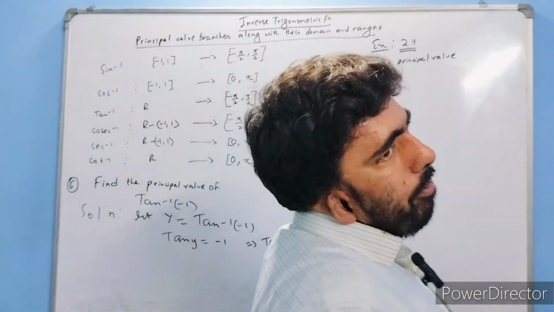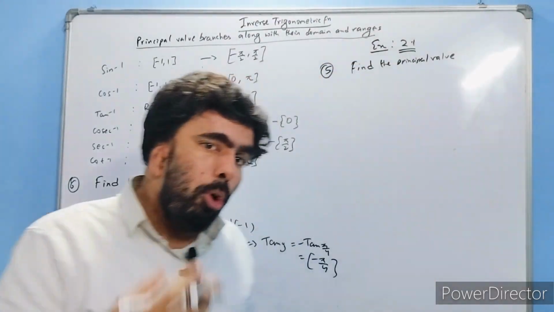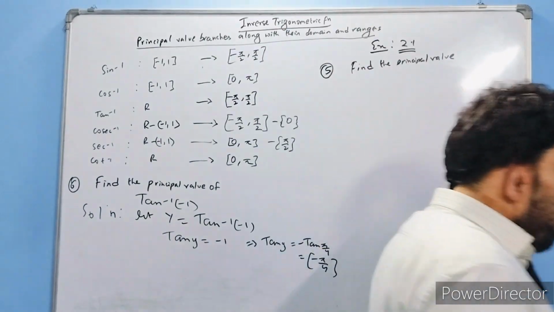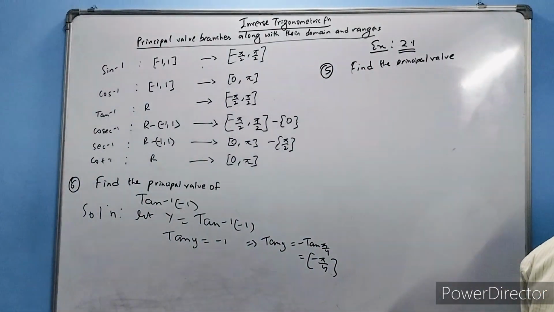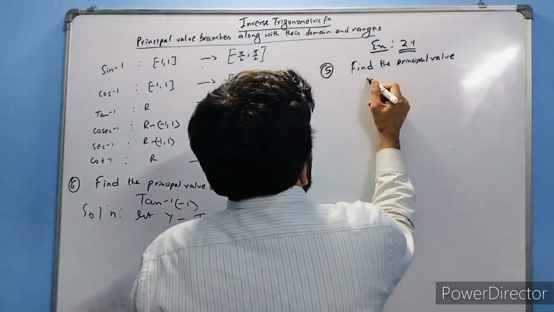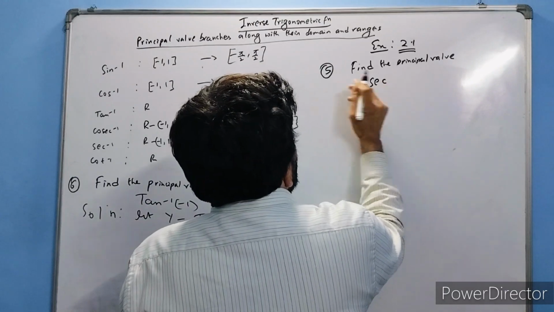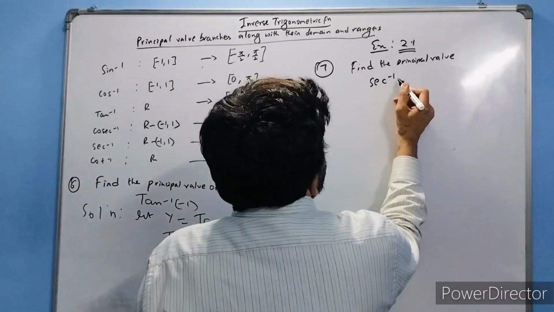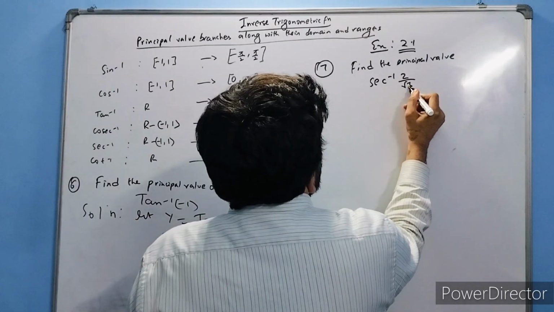I hope it's clear to everyone how we can easily find the principal value of such kinds of functions. So now let us try to find the principal value of sec inverse. We have this 7th question now: principal value of sec inverse 2 upon root 3.